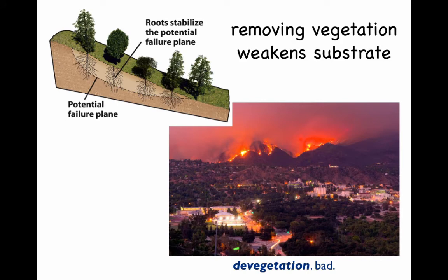So here's just another example. You don't have to have humans that go in and remove the vegetation. Again, this is how fires are going to affect landslides. Fires act to remove the vegetation, fundamentally weakening the substrate, increasing the chance for landslides.